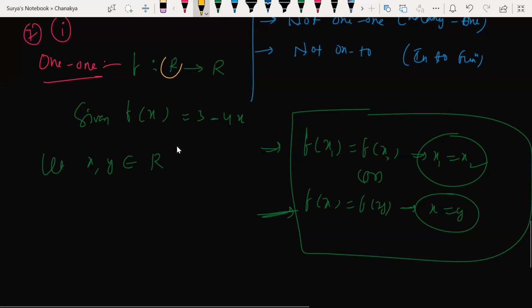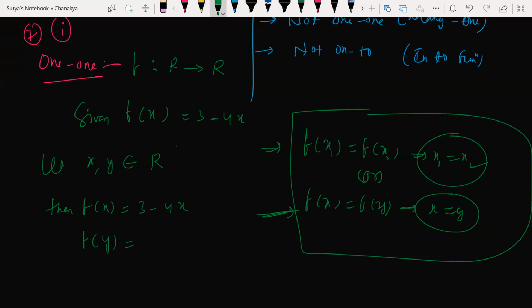So let x, y belong to R. What is R here? Real numbers. Why are we taking real numbers? Because he has given the function is mapping from real numbers to real numbers. Clear, right? So then f of x is going to be what, beta? 3 minus 4x. Correct? Now f of y is going to be what?